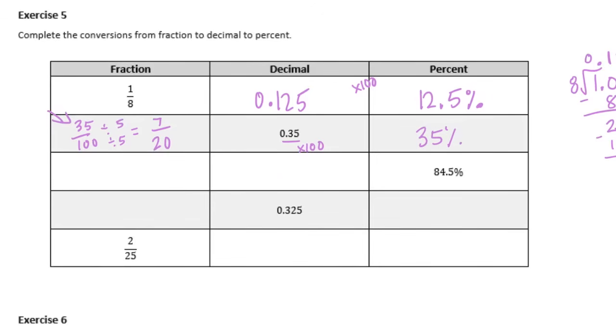84 5/10%. So since when we multiply a decimal by 100 to get to a percent, we could just go the opposite way and divide it by 100 to turn it back into a decimal. So if I divide that by 100, moving the decimal point 2 places to the left, we would have 845 thousandths.